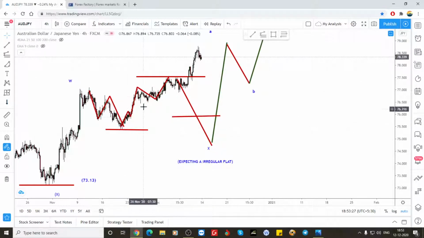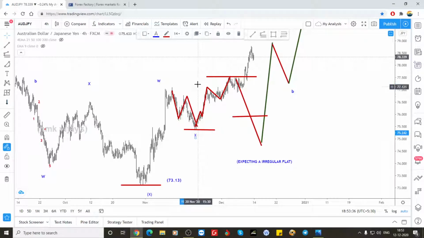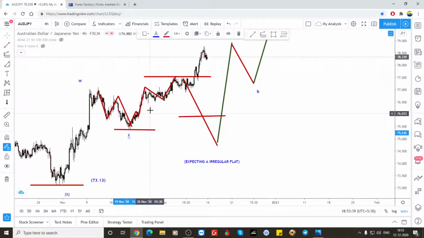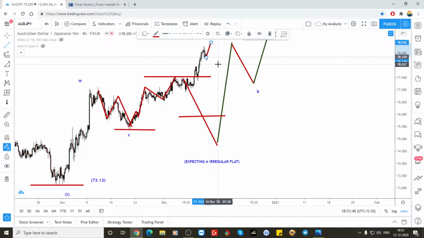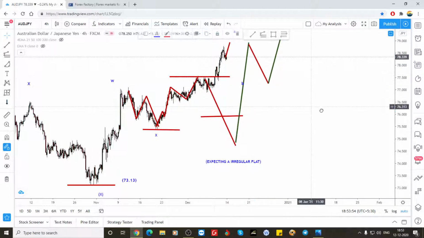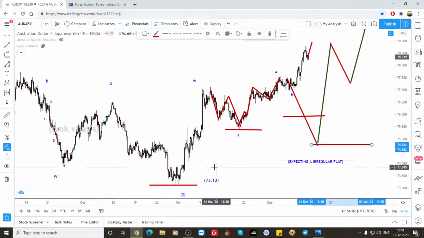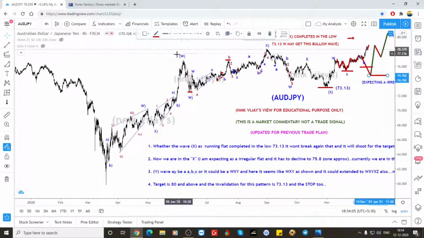So whether 1 2 3 4 5 ABC 1 2 3 4 5 got completed, that means X here is 1 2 3 4 and 5, so this could be A, B, C, which means one more high is also possible, and then again drop. So in that case, this is the A here, this is the B, C is one more high is also possible.